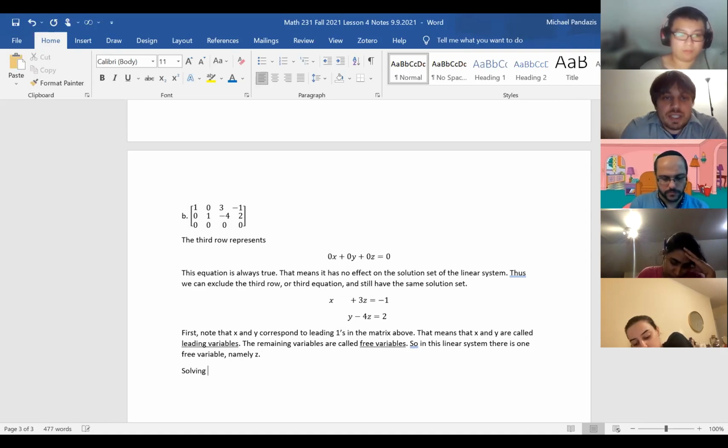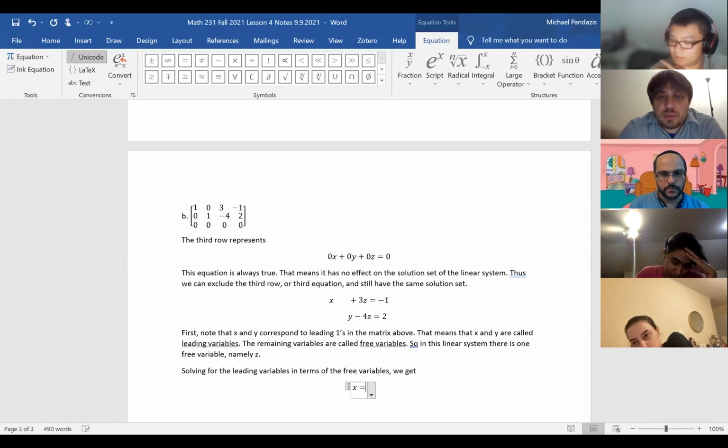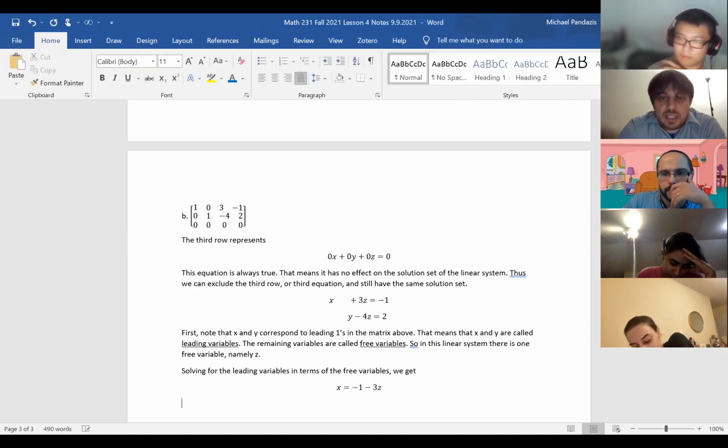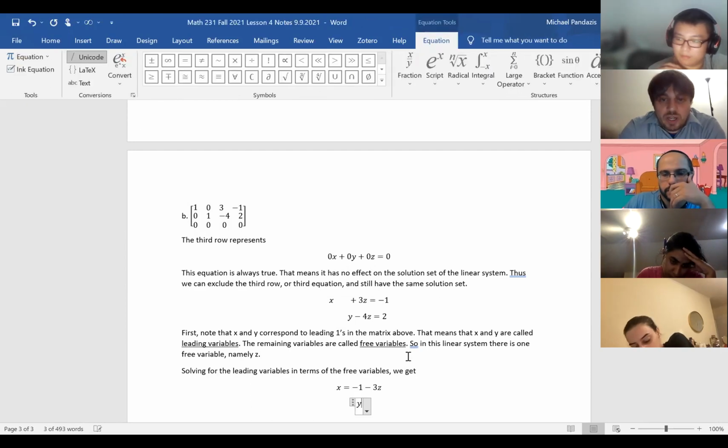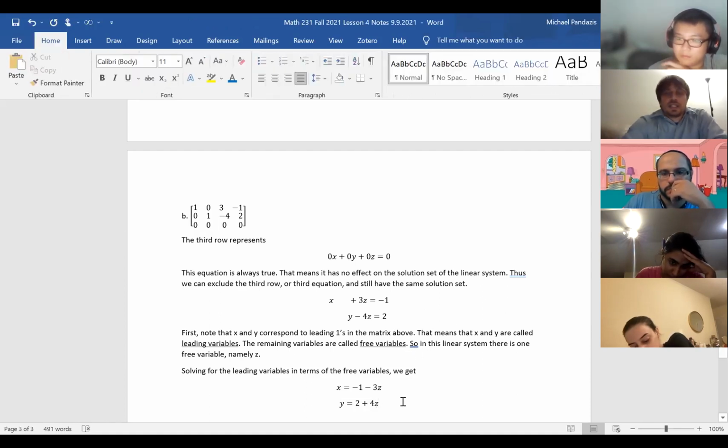Solving for the leading variables in terms of the free variables, we get x is equal to -1 minus 3z, and y is equal to 2 plus 4z.